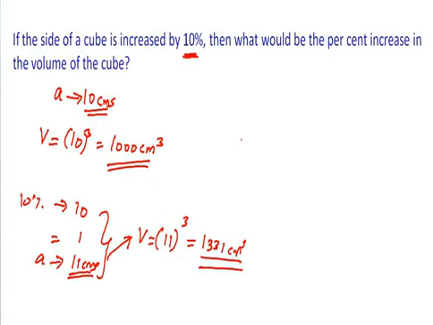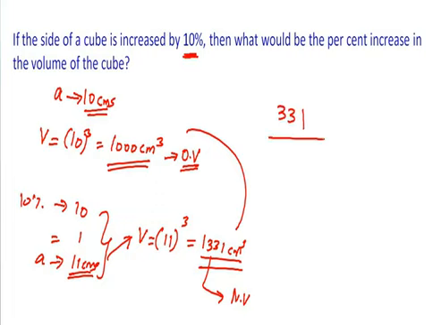Now as usual, we'll have to find out by how much percentage the volume has increased, right? So this can be assumed as the original or the old value, and this can be assumed as the new value. What is the difference between these two values? We can clearly see that it's 331 divided by, what is the original value? 1000. So 331 divided by 1000 can be also written as 33.1 divided by 100, right?